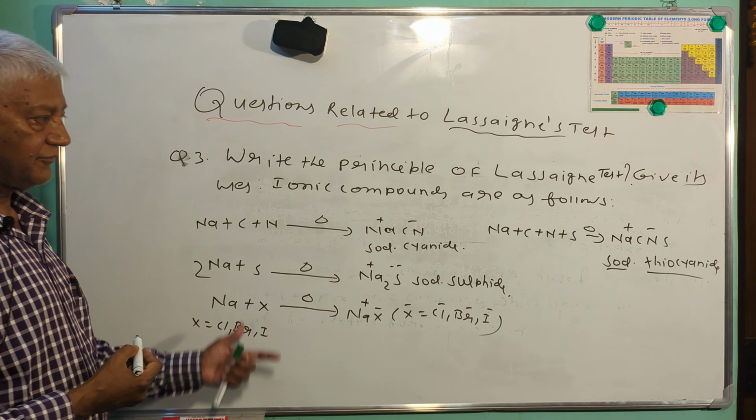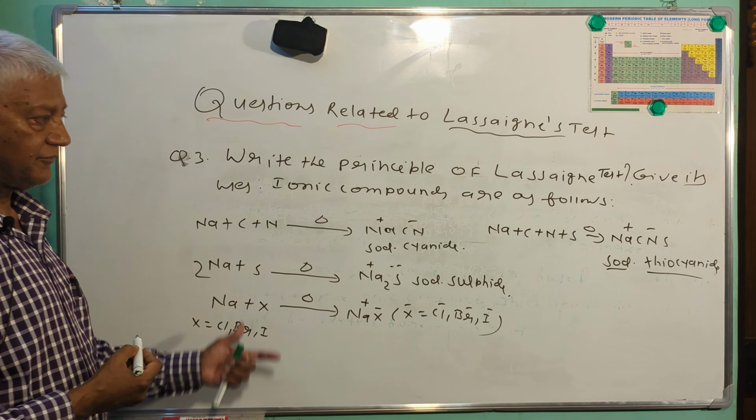So we get different types of ionic compounds. First, sodium reacts with carbon and nitrogen that come from the organic compounds. And sometimes, if the organic compound contains sulfur, we get sodium sulfide.